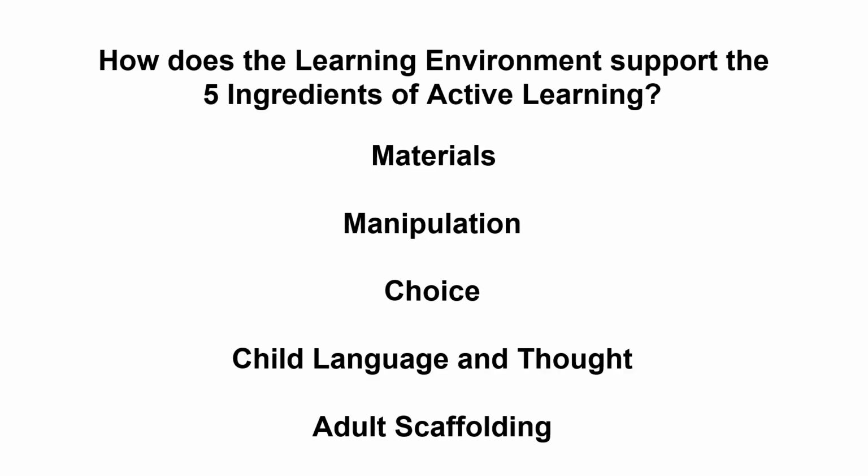Labels vary to include real objects, photos of objects, catalog pictures, and the traced outlines of objects. Again, the variety of how materials are labeled is how teachers scaffold children's learning. During play, adults scaffold by playing alongside and with children, contributing to the play, acknowledging ideas, and asking questions sparingly.